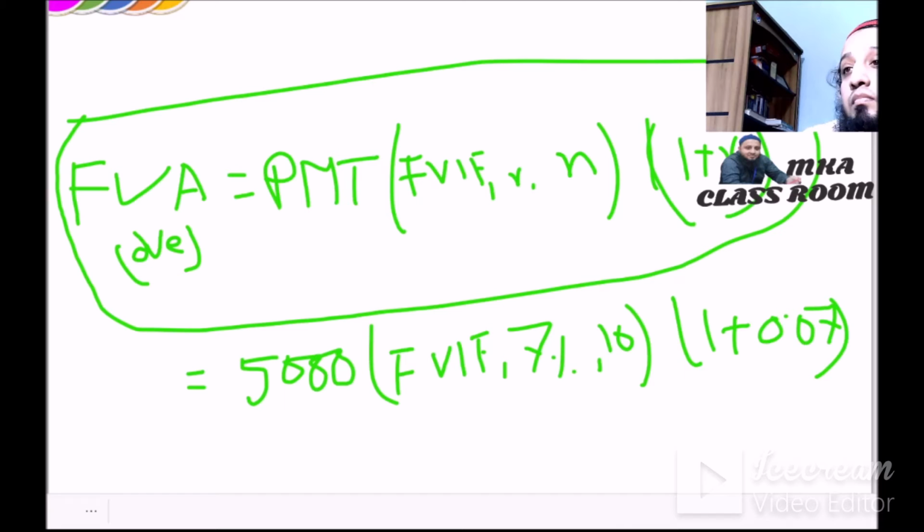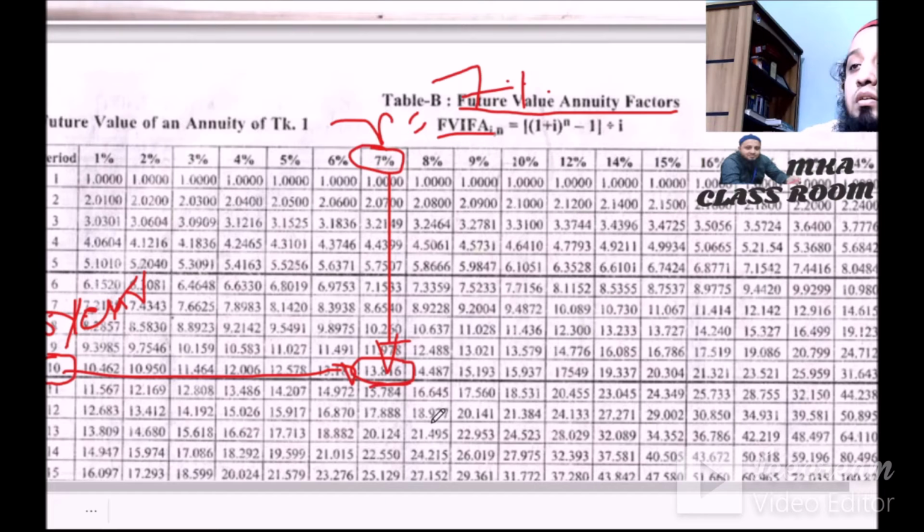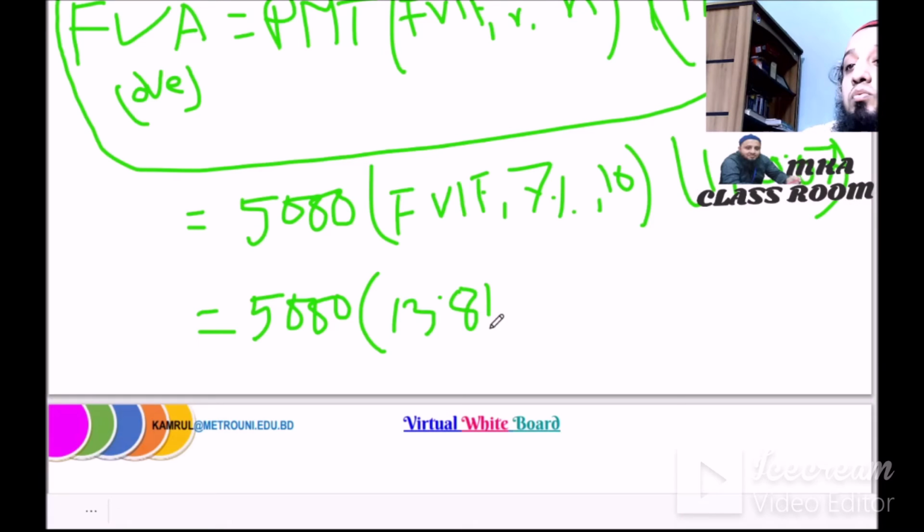So, if we solve this problem, then we can have our desired result. FVIF 7%, 10 years. So, we are seeing in here 13.816, and 1.07.